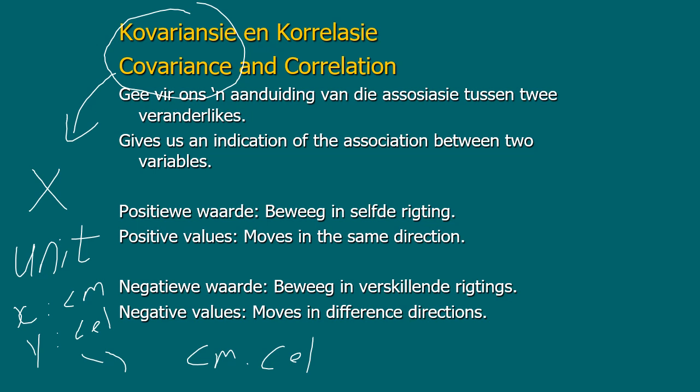So the covariance, although that's the one we start off with in terms of our calculations, has a similar problem to the variance: notation, units, very difficult to calculate.